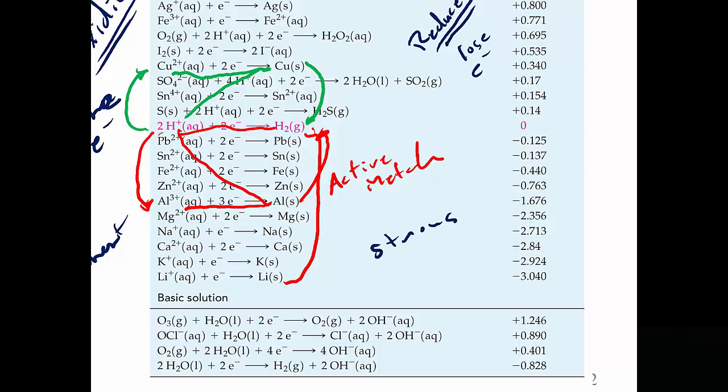Negative 0.828 means that water goes in between negative 0.763 and negative 1.6. Do you see that? So it goes between zinc ion and aluminum ion. So what that means is water is a better oxidizer than aluminum ion, but a worse oxidizer than zinc ion. That's where we position it. And so on this chart, do you see the 3 dots I put on the chart between zinc and aluminum ions? That is where you insert water.